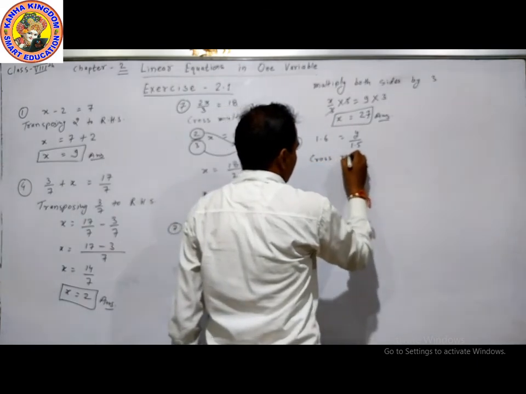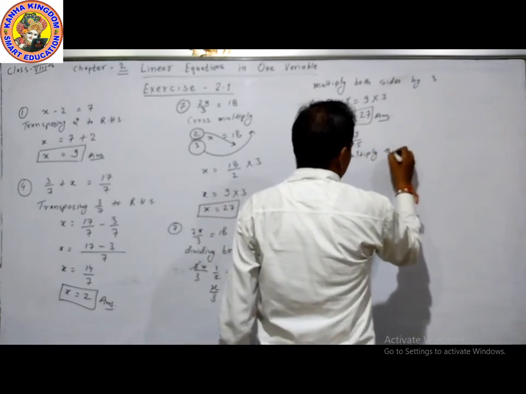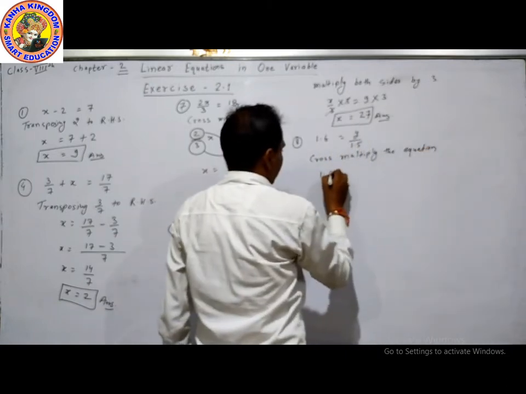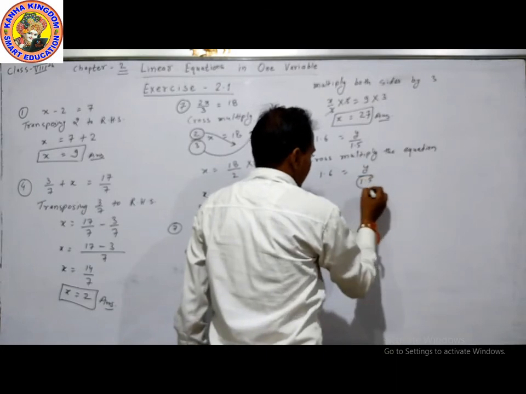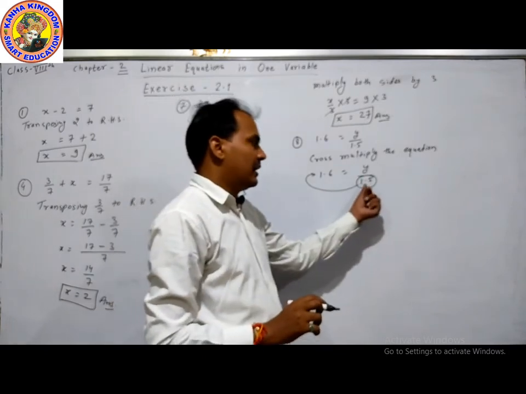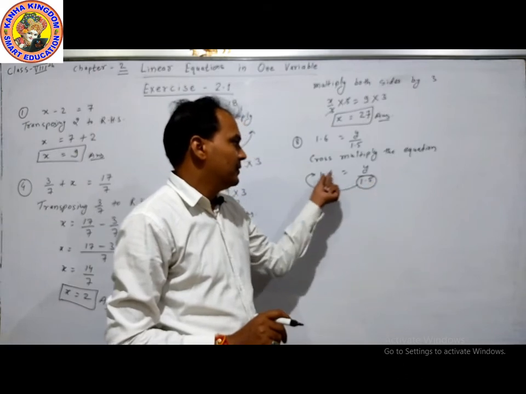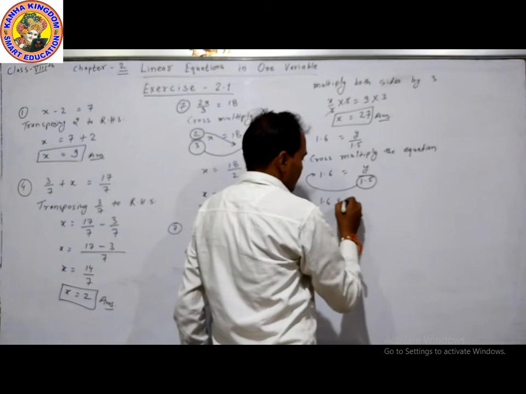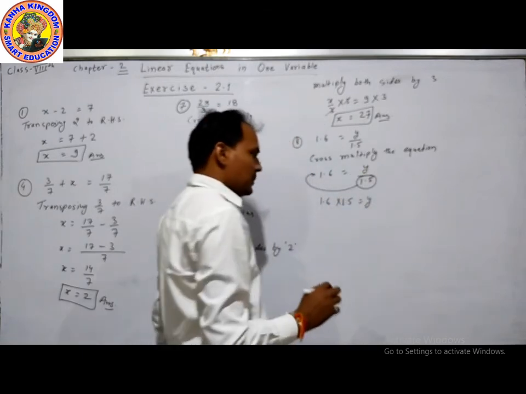Cross multiply the equation means the denominator part moves to the numerator part. In other words, the number in the divide part will be multiplied. 1.6 multiply by 1.5 is equal to y.